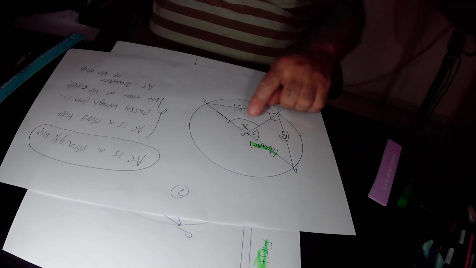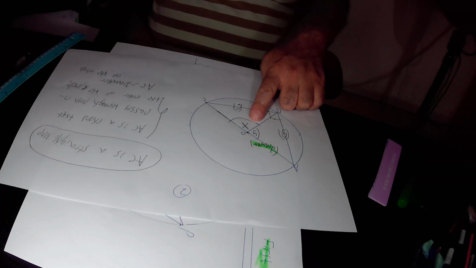So the big angle AOC equals 180 degrees, because x plus y equals 180 degrees.